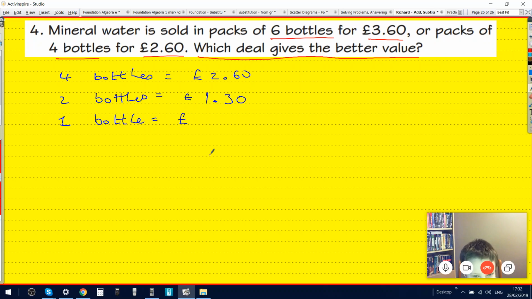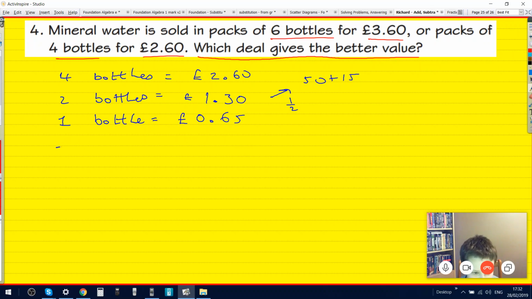So the cost of 1 bottle must be 65p. That was half of 30p, which is 15p, plus half of a pound, which is 50p. So it's 65p.